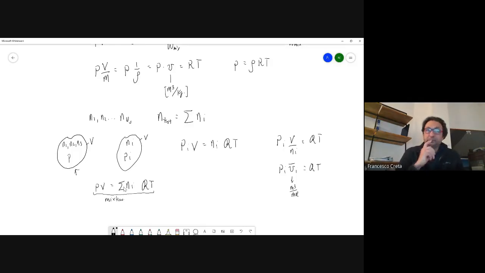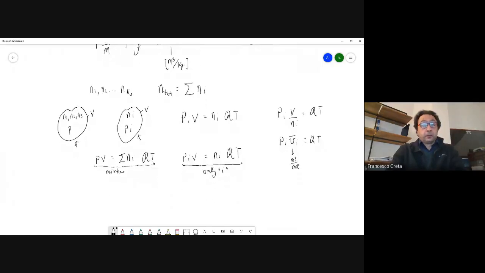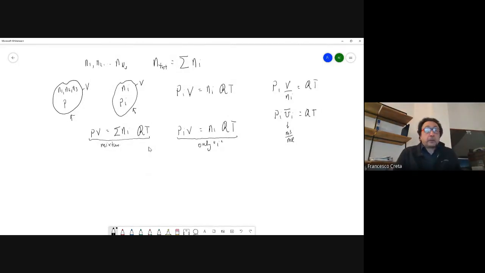On the other hand, if you only have i, this situation here, as we said, we have partial pressure, Pi V equals Ni R T. So here we only have one species in the same volume.